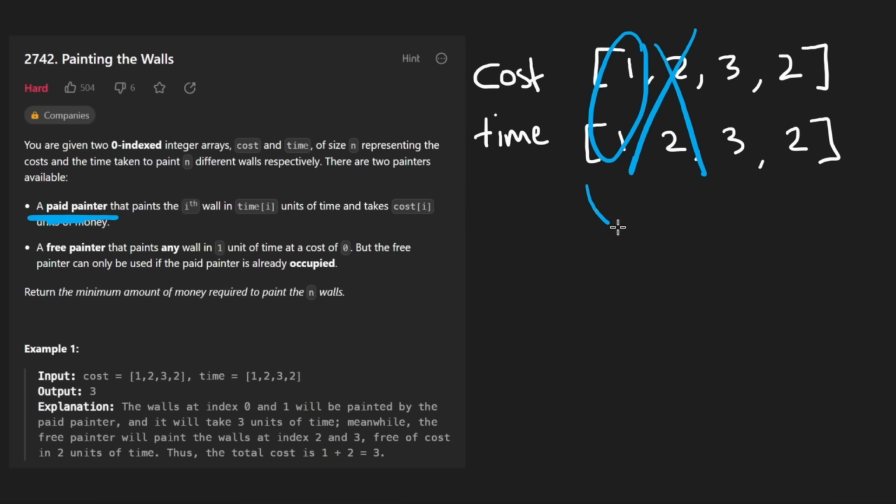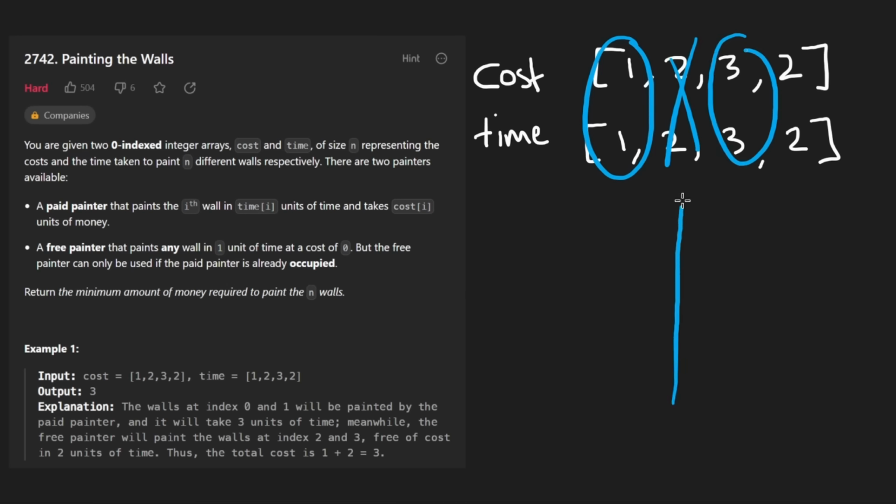And the goal of this problem is for us to minimize the amount of money to paint all of the walls. We know the free painter doesn't cost anything, so for us to calculate the amount of money, really we just have to keep track of the paid painter, because whatever they happen to skip is going to be taken by the free painter.